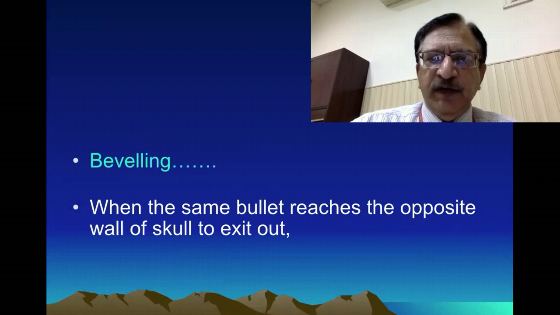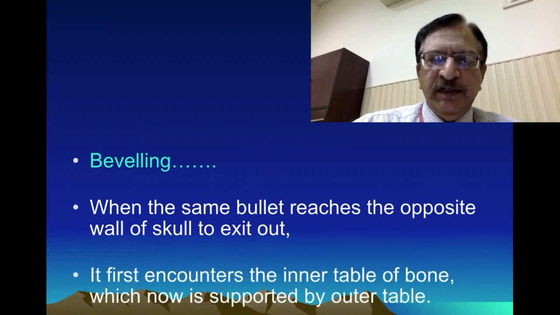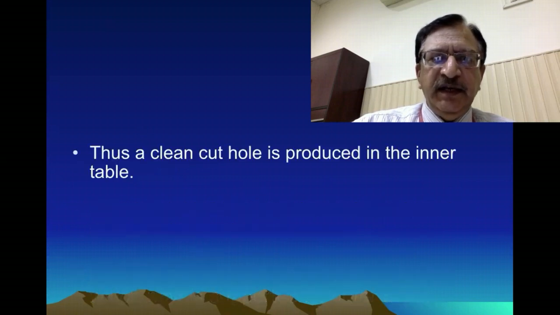And when the same bullet strikes the opposite skull wall, when it is trying to exit, it will first encounter the inner table. Now the inner table is being supported by the outer table. So it will first strike the inner table, and the inner table will now have a clean cut hole.